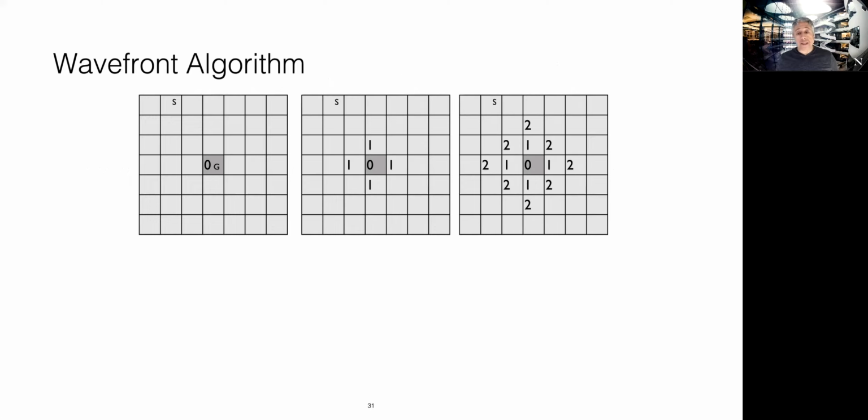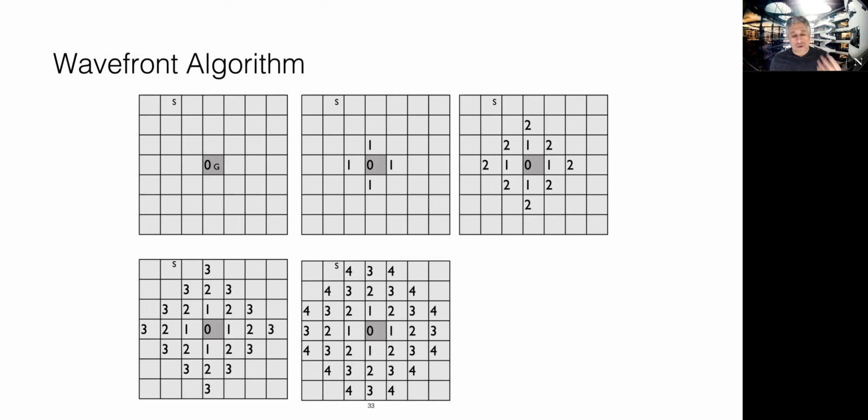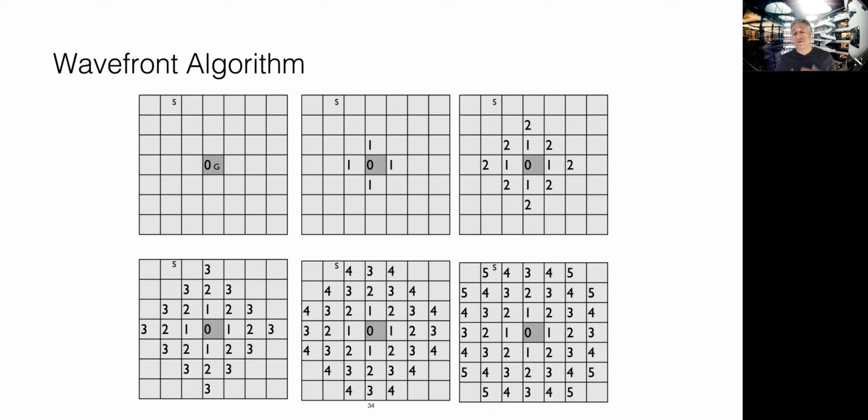And what we do next is we expand on this wavefront as if you dropped a little pebble at the goal. Now we look at what are the grid cells where the robot is at distance two, right? In two steps from those grid cells, you can get to the goal. You do the same thing for 3, and then for 4, and you continue to do this until you hit start.